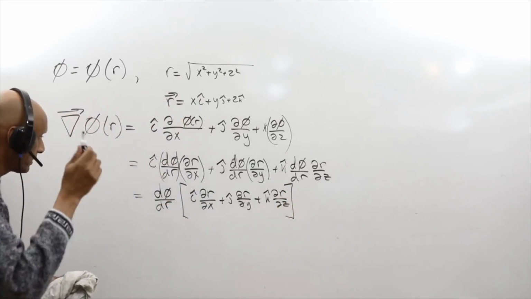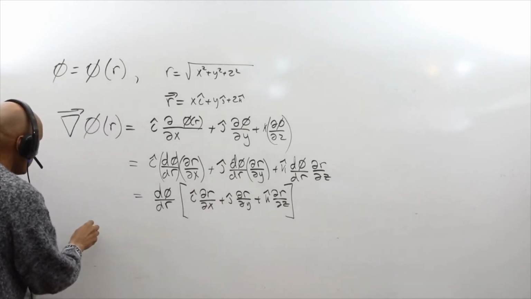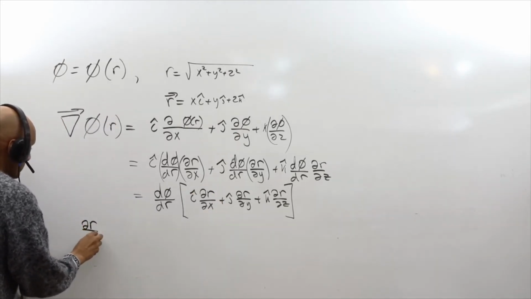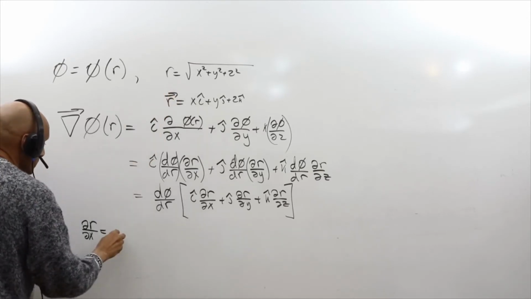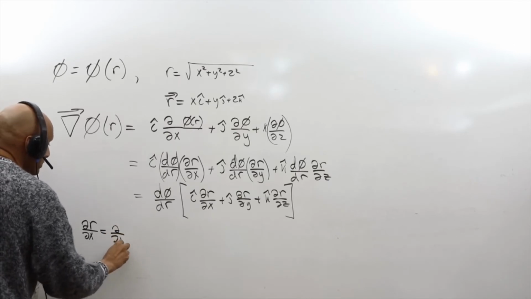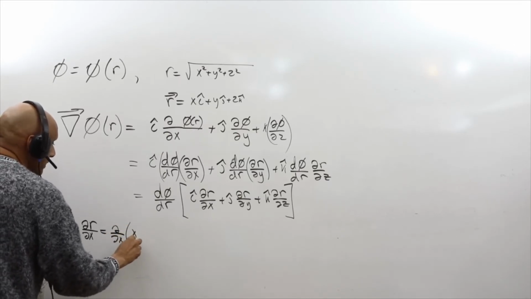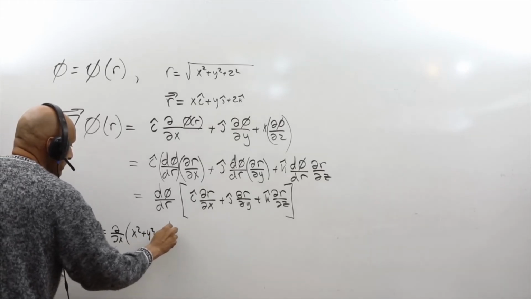Okay, great. So next is, how do I calculate these values? Let's calculate the partial of r with respect to x. If you remember, r is given by this equation, so I'll do it in exponent form so you can see it better. I'm taking the partial with respect to x of x squared plus y squared plus z squared to the 1/2.